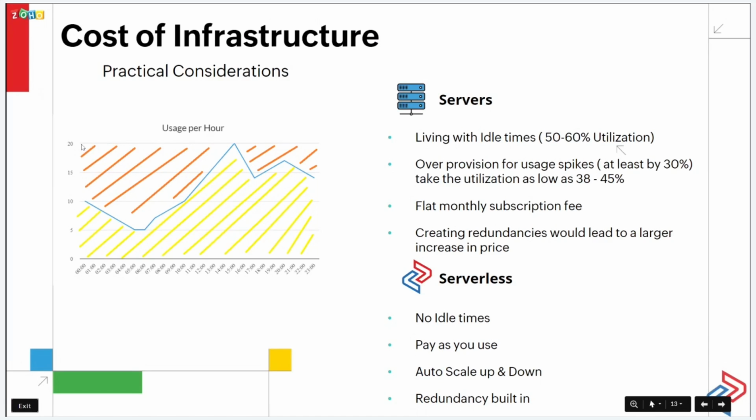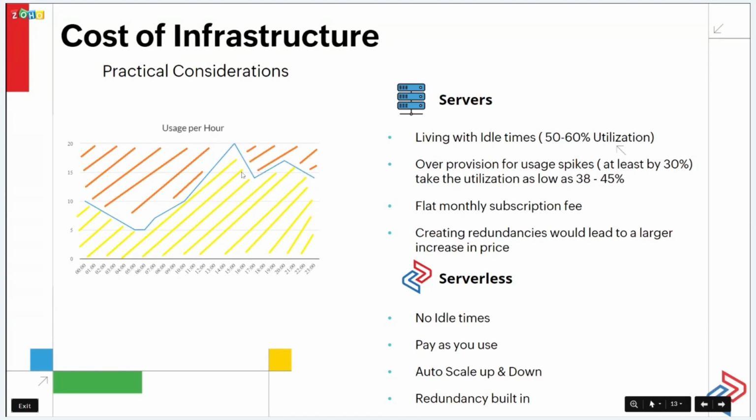So even if you're not using it, if you're on a server, you're paying for the orange and the yellow, both. And if we were to take out the area under the graph, which is the yellow, which is essentially the utilization you're generating, utilization would generally vary from 50 to 60%.